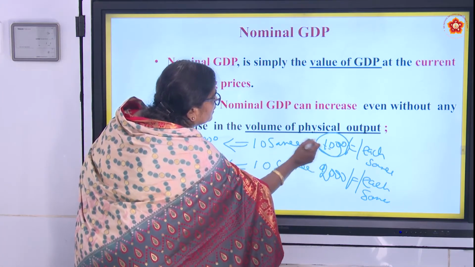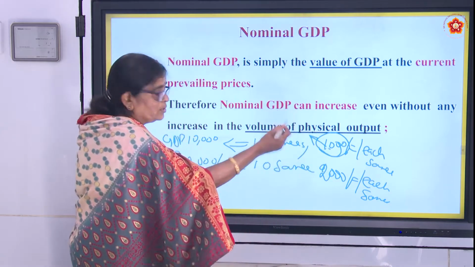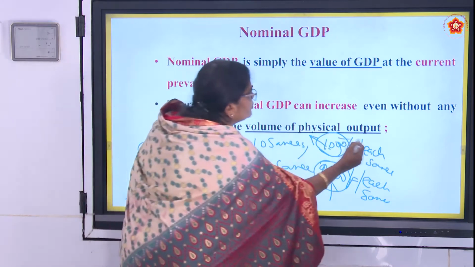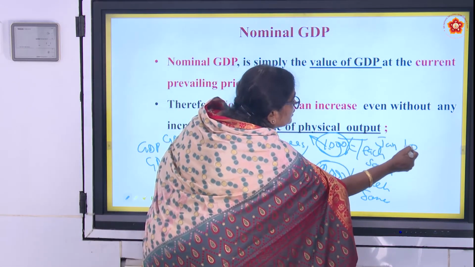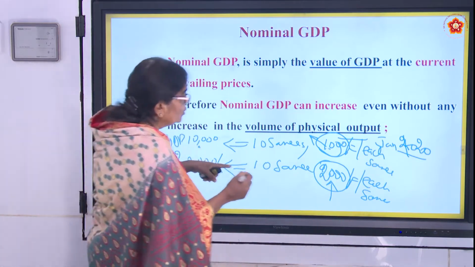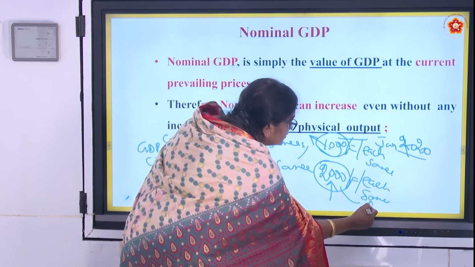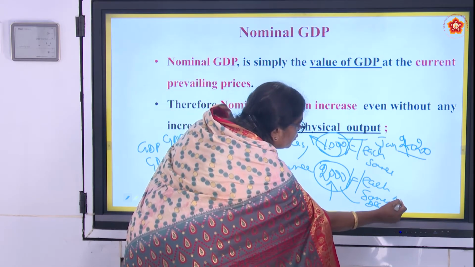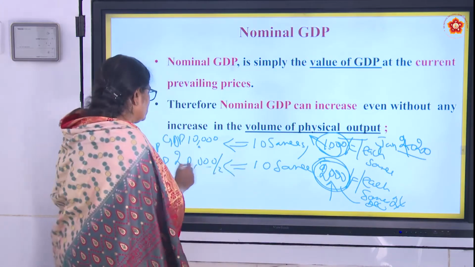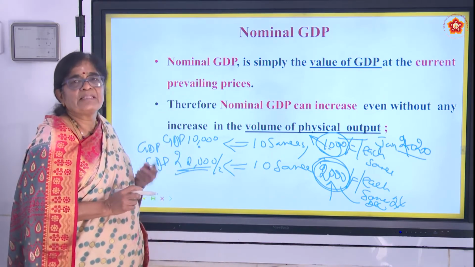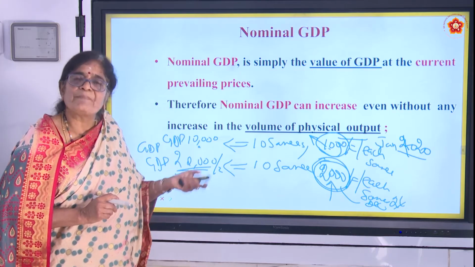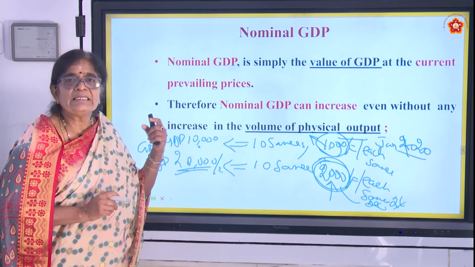For instance, in January 2020 the GDP out of this sari was 10,000. Now in December 2024 the price has gone up due to some reasons to 2,000, and now GDP is 20,000. That is the meaning that nominal GDP depends on two factors, not only the volume of product but also changes in current prices. When price increases, GDP increases.